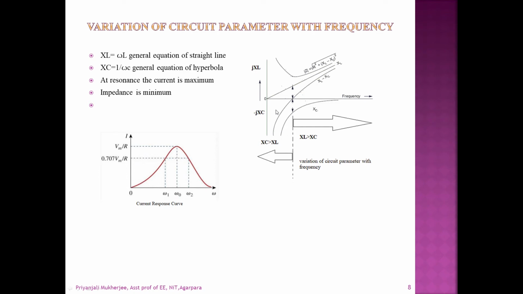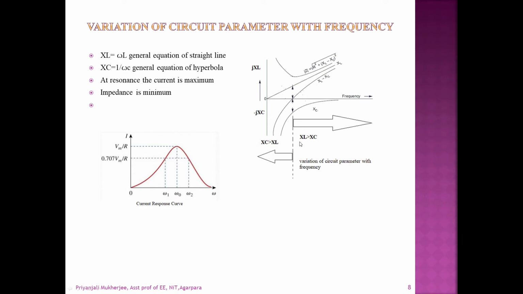At the resonating condition, that means at this frequency, the XL value is equal to the XC value, and in this condition, the impedance is minimum. Now, at a frequency less than FR, the resonating frequency, the XC value is much greater than the XL.